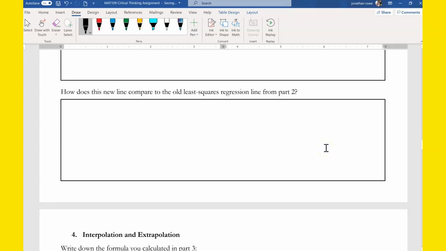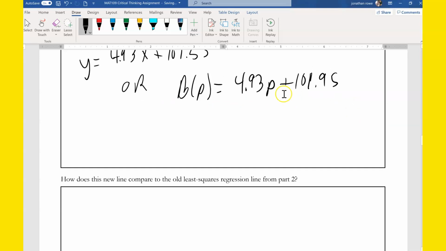How does this new line compare to the old least squares regression line from part 2? So our slope went down a little bit. Slope went down. What do we say? I'm going to say decreased slightly.